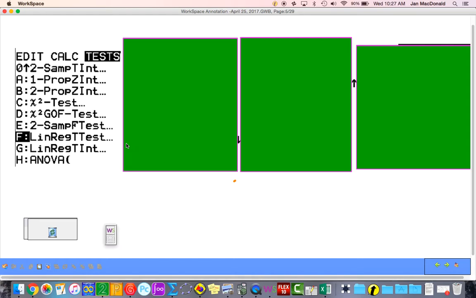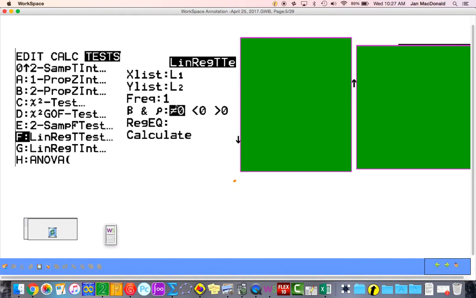If you arrow over to tests and you arrow up to linear regression t-test, it doesn't matter which arrow, you can arrow up or down, but it's quicker if you arrow up to get to linear regression t-test. Then you're going to hit enter. And you get a menu that looks like this.